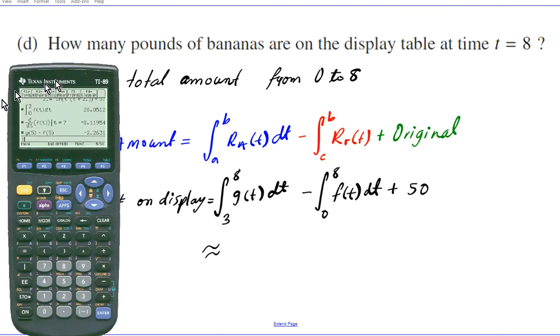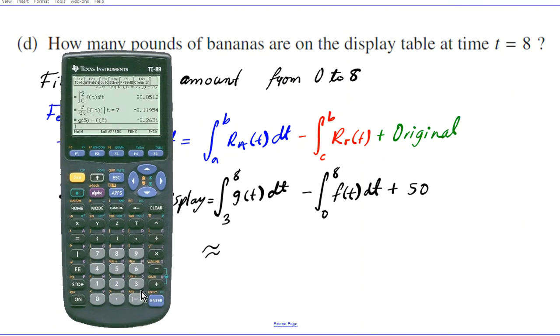We're going to calculate the integral of g of t, variable of integration is t, lower bound is 3, upper bound is 8, plus another integral.